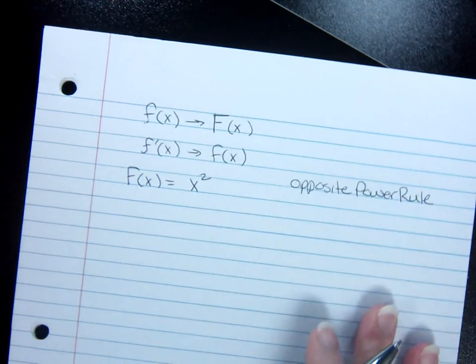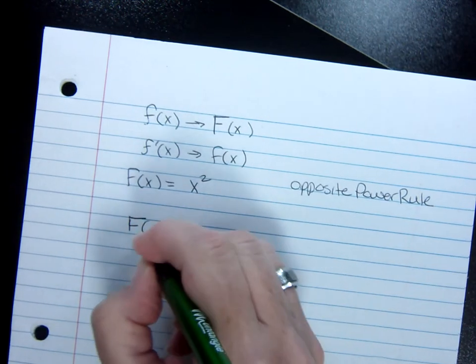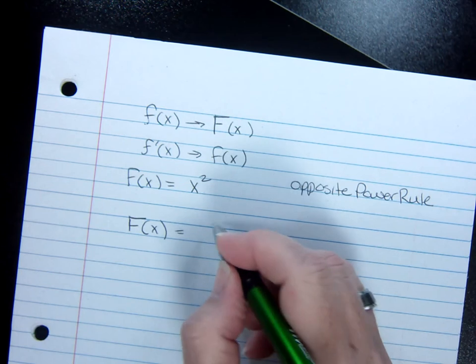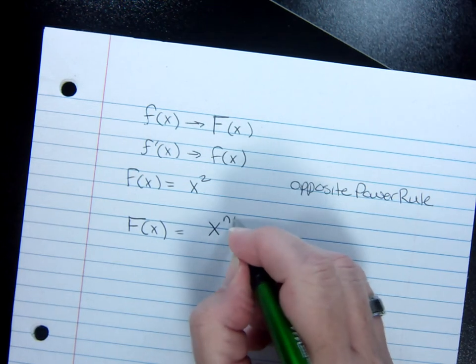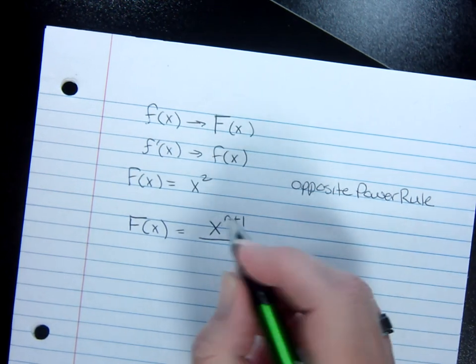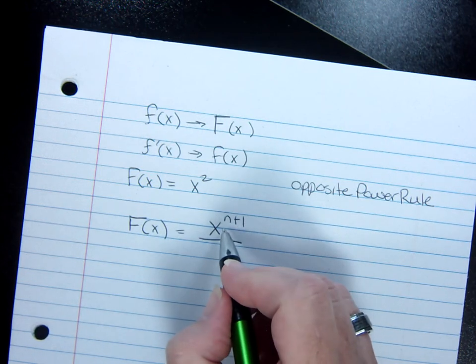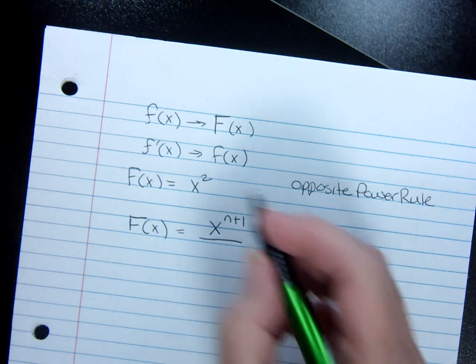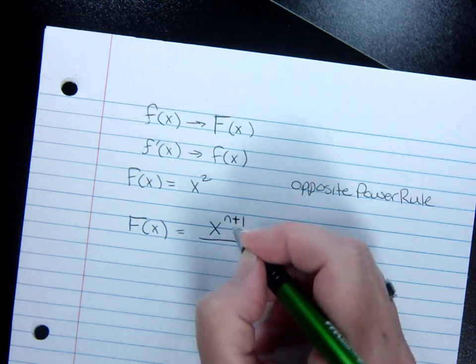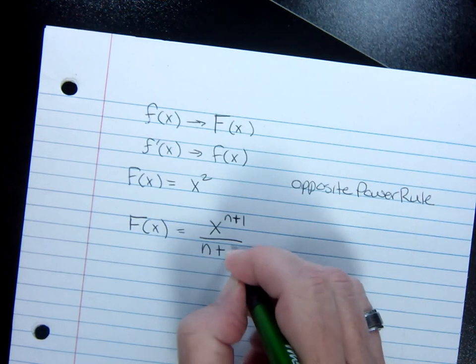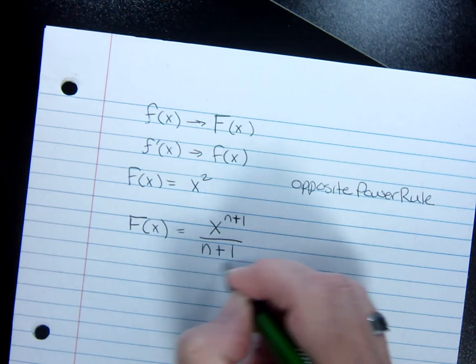But anyway, we can find our original function. I'm going to take the x value, add 1 to the exponent, which shouldn't surprise you because before we subtracted. So now we're going to add 1 to the exponent, and then we're dividing also by that value.